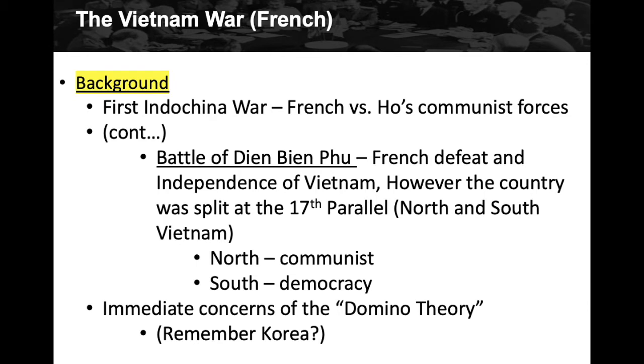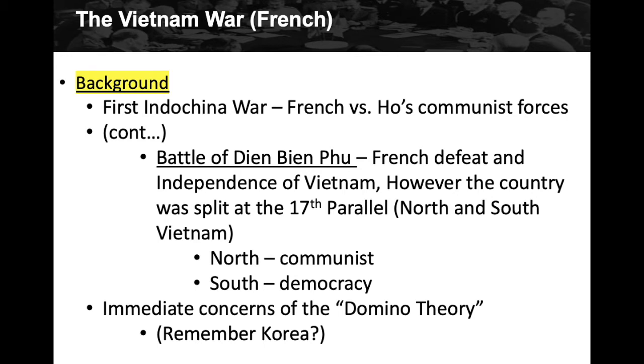We're talking France, and they're in this little tiny strip of land colony in Southeast Asia, and the French military is beaten by this kind of ragtag military force of Ho Chi Minh's group. And so the French are defeated, and Vietnam actually gets its independence when the French are defeated.